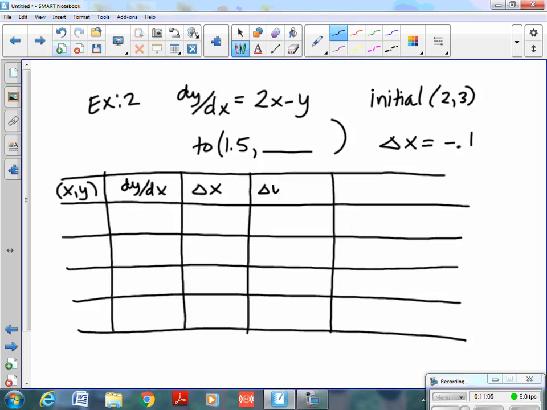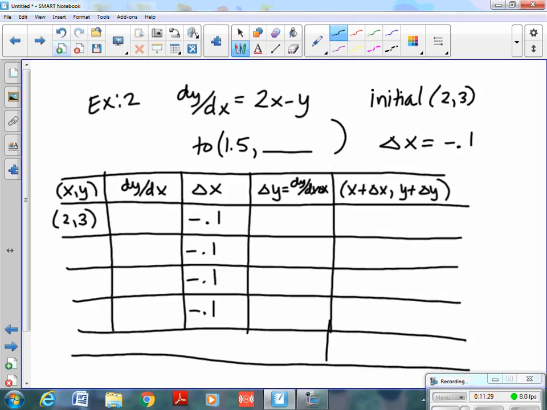This is the change in y, which is really dy dx times delta x. This is x plus delta x, and this is y plus delta y. Okay, we're going to start with 2 comma 3. Your increments go down by 0.1, and I don't know how many we need of these before we get to 1.5. I think, yes, we need 5. We need 1 more of these.